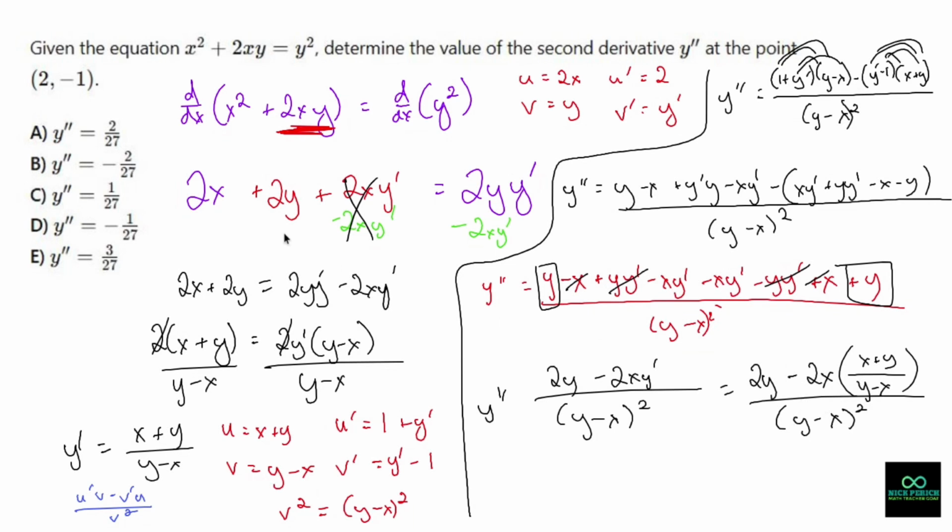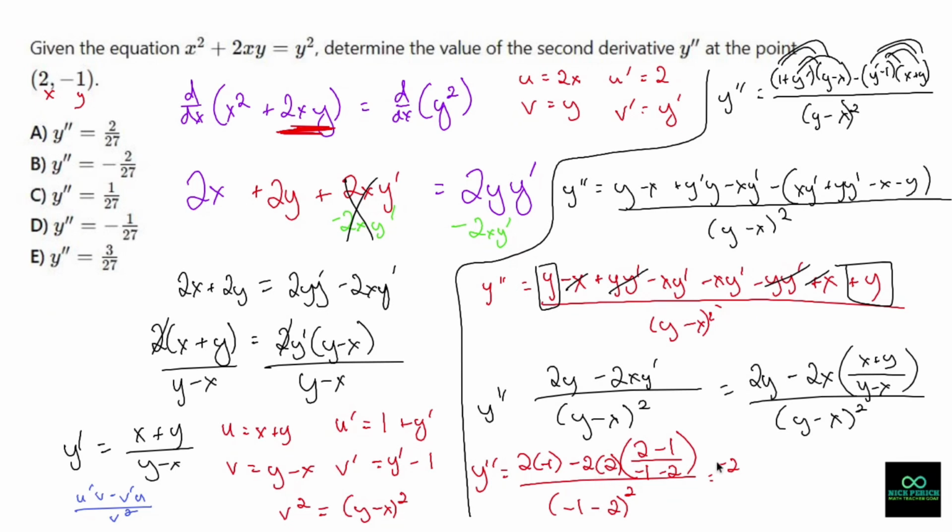Now would be a good time to finally plug in that point right there. So y double prime at that point is going to be 2 times negative 1 minus 2 times 2, times (2 plus negative 1) over (negative 1 minus 2), all over (negative 1 minus 2) squared. Oh boy, I'm scared.